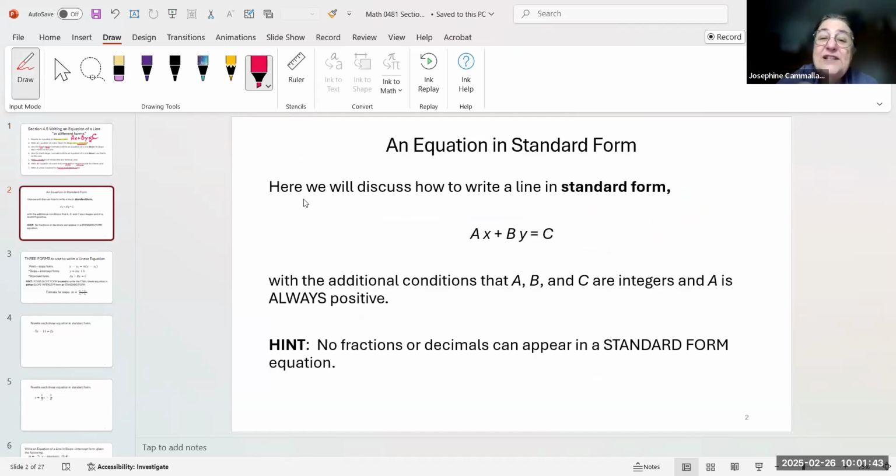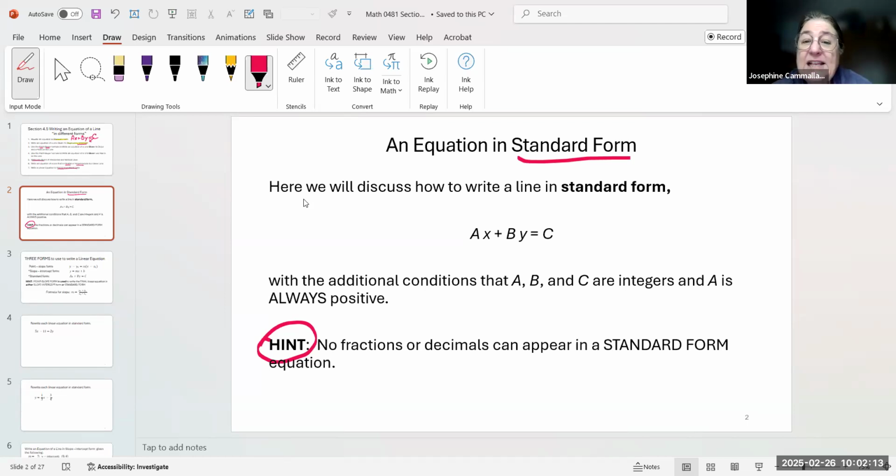Okay, this is the form known as standard form, and we've been talking about this since the beginning of the chapter. And we've used it several times in the lessons that we've been working with. Now, there is a little hint that I do need to let you know. When you have fractions and decimals, you don't have your equation in standard form.